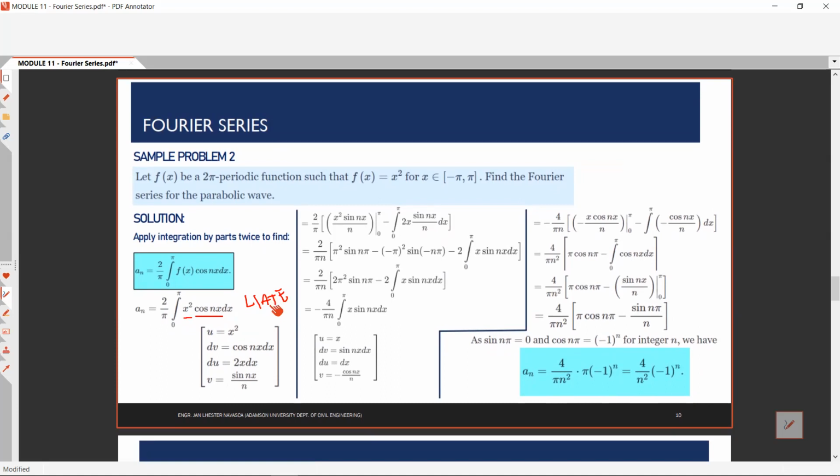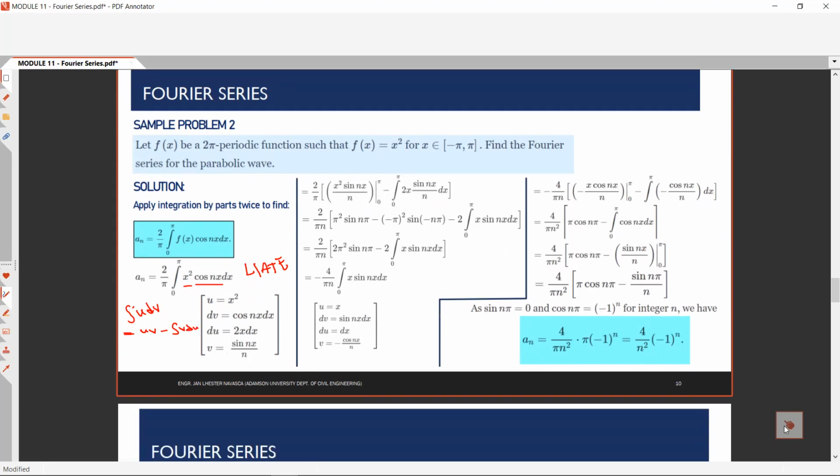Si A. Okay, so if you remember integration by parts, that is integral of u dv is equal to uv minus integral of v du. Okay? If you recall, that is integration by parts.